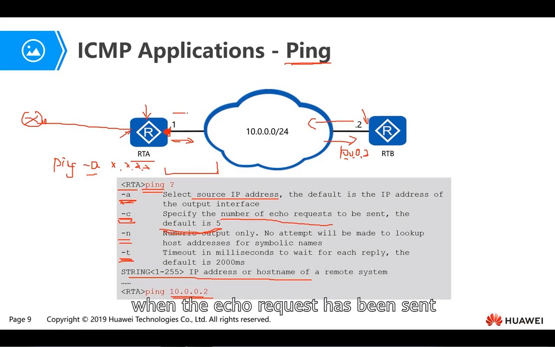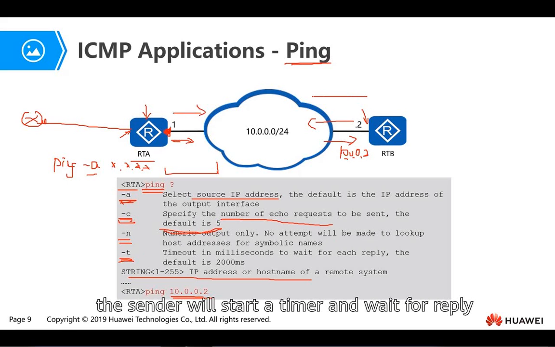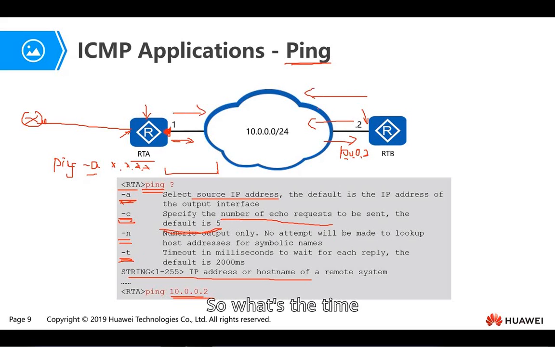When the echo request is sent out, the destination will reply. You should wait some time for the reply. How long will we wait? The default is 2 seconds, 2000 milliseconds. Okay, this is some options.